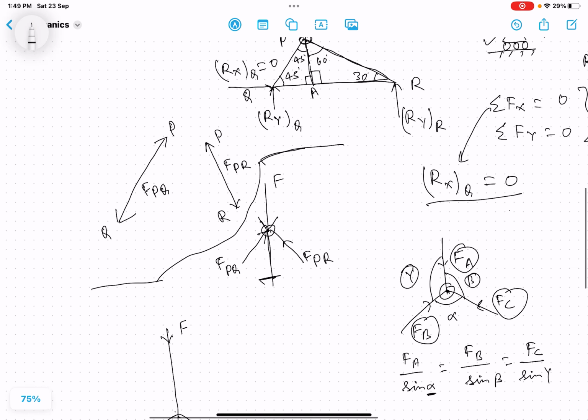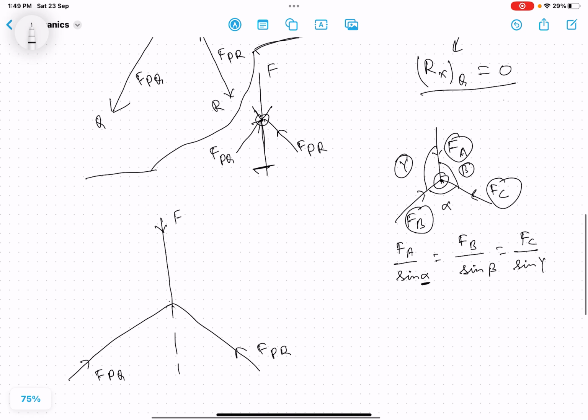This angle here is 45 degrees. This angle here is 60 degrees. So this angle will be 180 minus 45, so this will be 135 degrees. And again this angle will be 180 minus 60 degrees, so this will be 120 degrees.